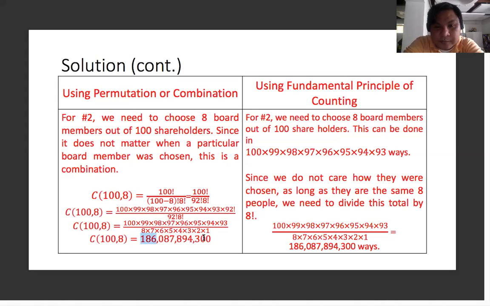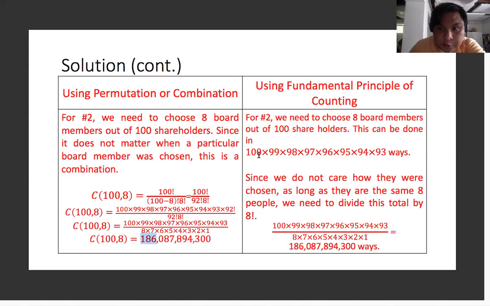Right? Okay. So now let's go over how to compute that using the fundamental principle of counting. The same approach, we're going to choose 8 board members by choosing first the 8 people.